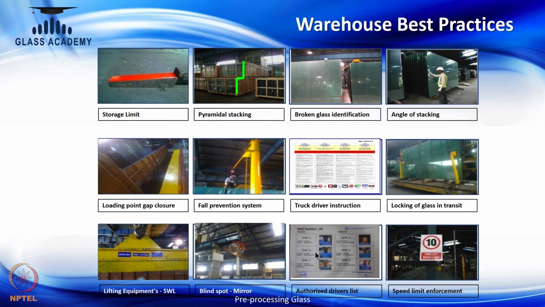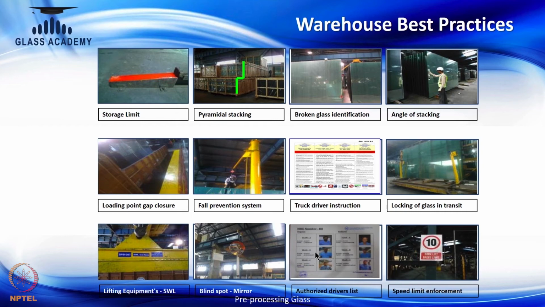The next point is that whenever we move glass on a shovel, it needs to be secured, even on a trolley when glass is moved. Glass should be moved with a minimum or basic amount of securing.